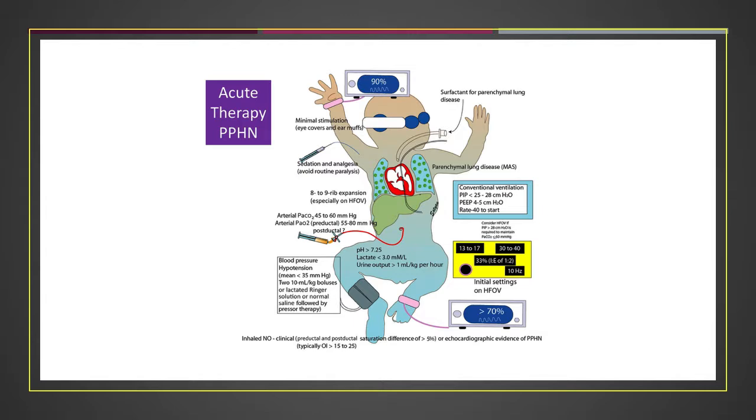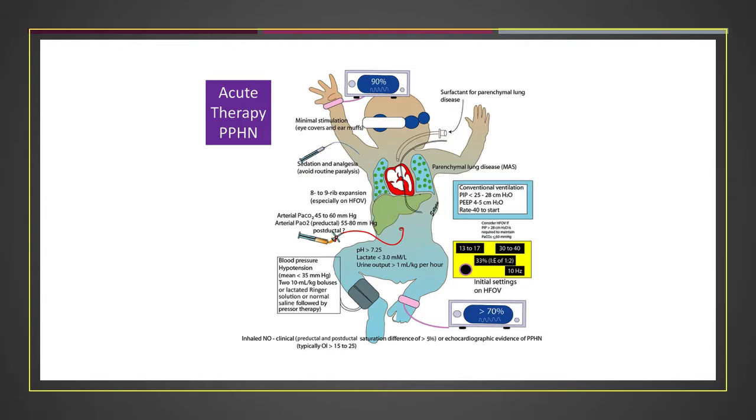Basically, this slide shows what's going on with these kids. We keep 2 pulse oximeters on them, one on the right wrist, because as you remember the circulation of the heart, the first vessel that comes off of the heart goes to the head and the right side of the body.